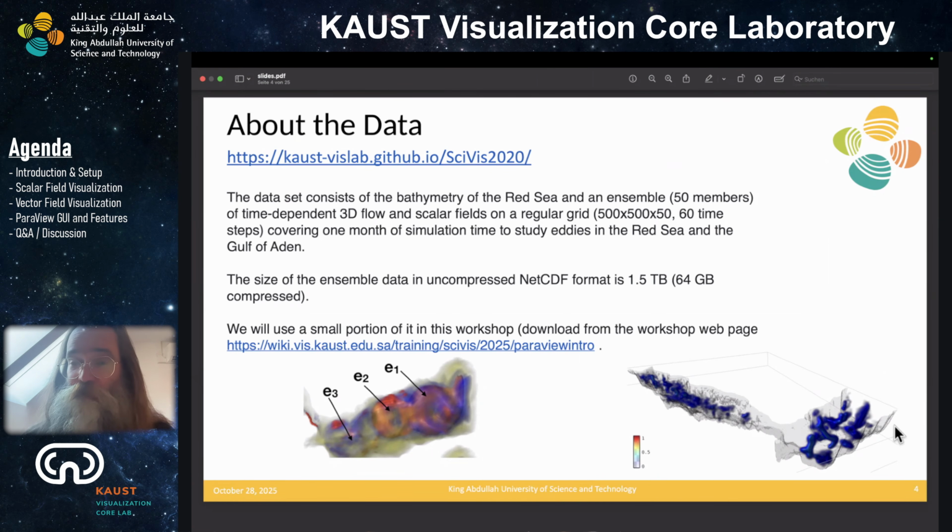We'll just use one time step, one ensemble member, and a smaller region actually for this introductory workshop. If you want to download the whole thing, you can. The link up here is for the whole data set, and to download the part we're using, you can do that from the workshop webpage.